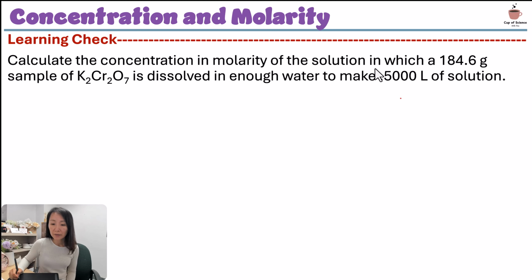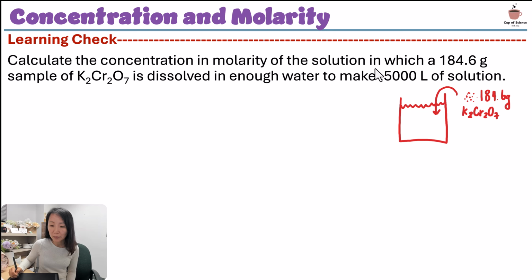So to further illustrate, I have potassium dichromate, and this is 184.6 grams. And that's being submerged into water.